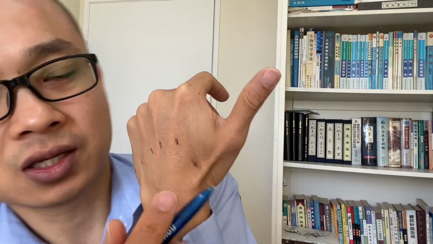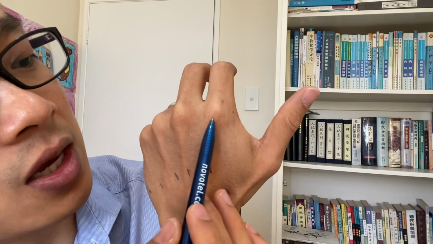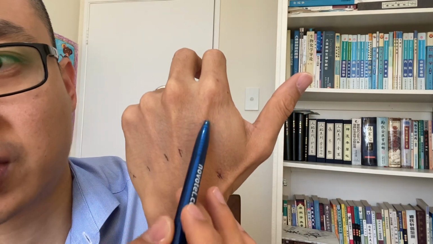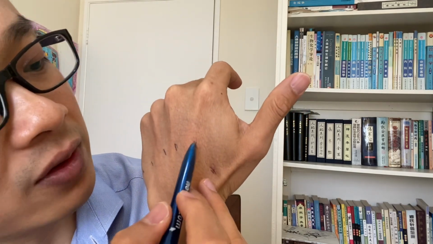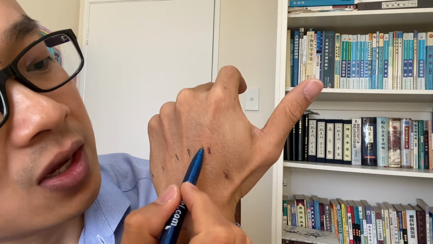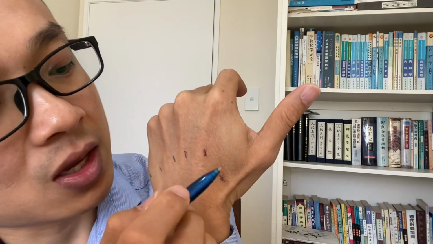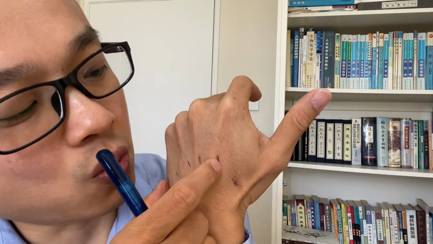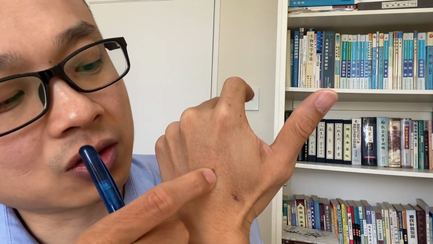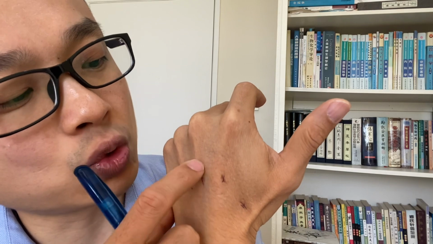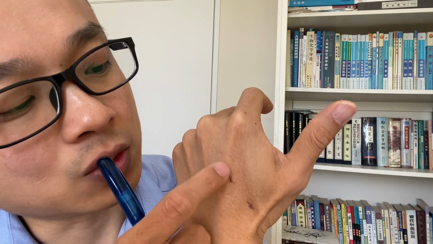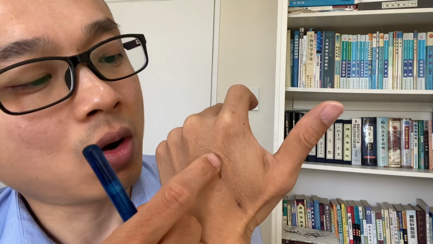You see, between the second and third metatarsal bone, right, second and third, you see that I have a tendon over here. A lot of people miss this point. You want to come here to press it as a tendon, because between those 2 metacarpal bones, there is 1 tendon right across there.